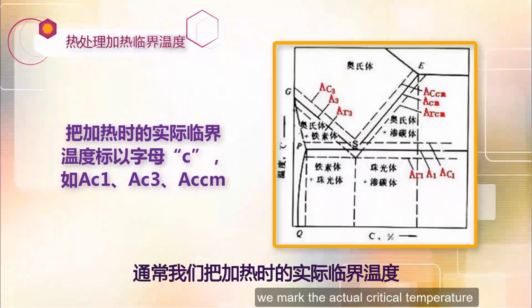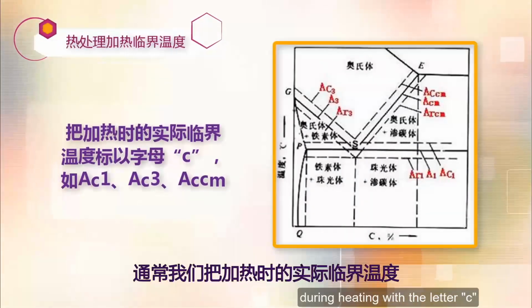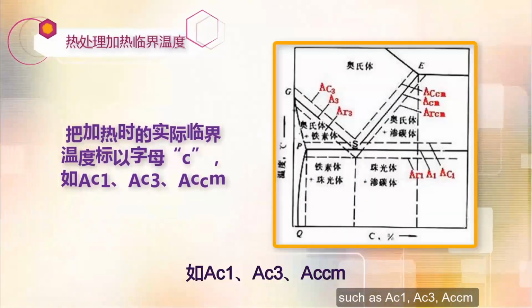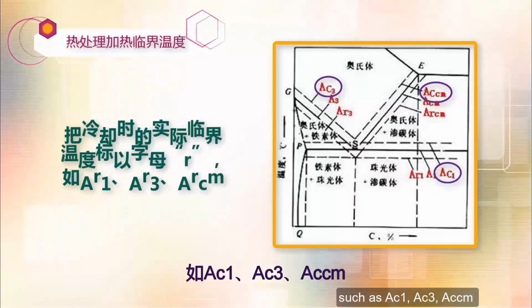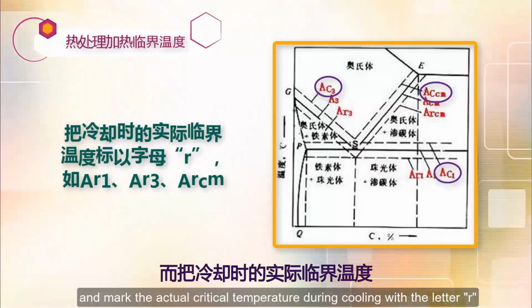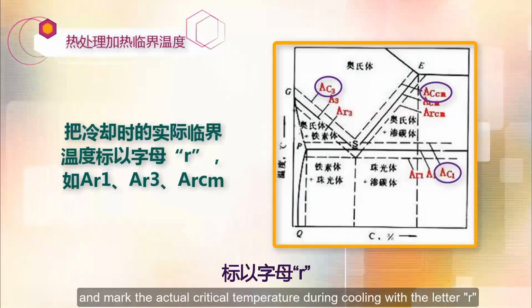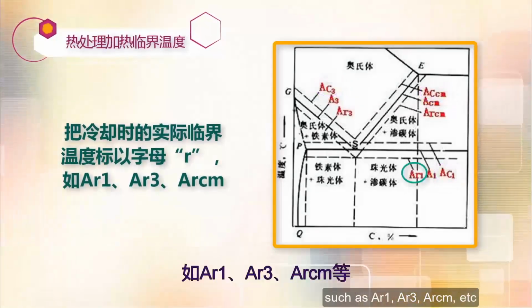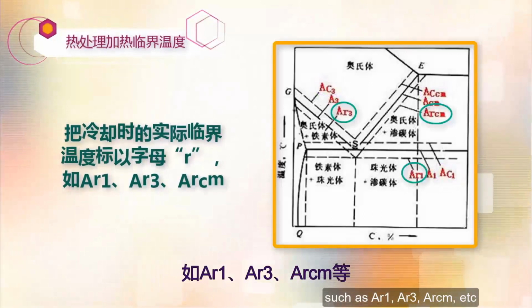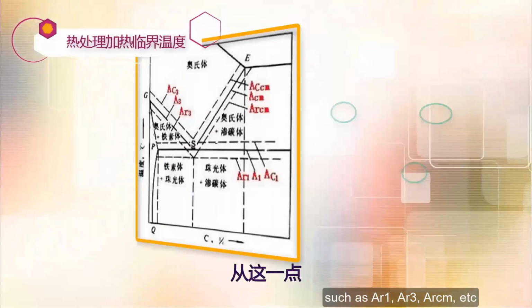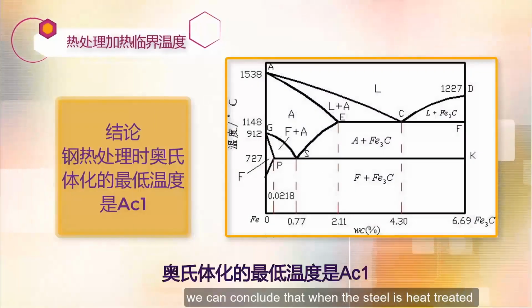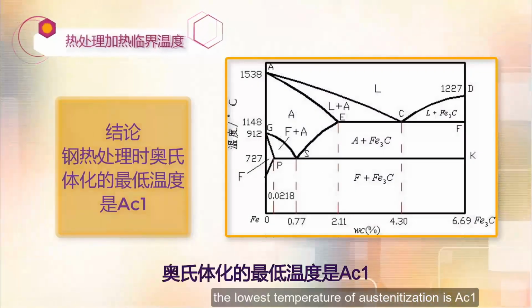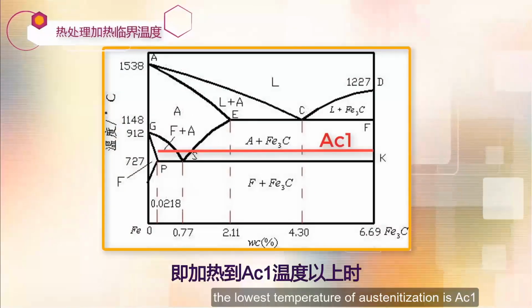Usually, we mark the actual critical temperature during heating with the letter C, such as AC1, AC3, ACCM, and mark the actual critical temperature during cooling with the letter R, such as AR1, AR3, ARCM, etc. From this point, we can conclude that when the steel is heat treated, the lowest temperature of austenitization is AC1.